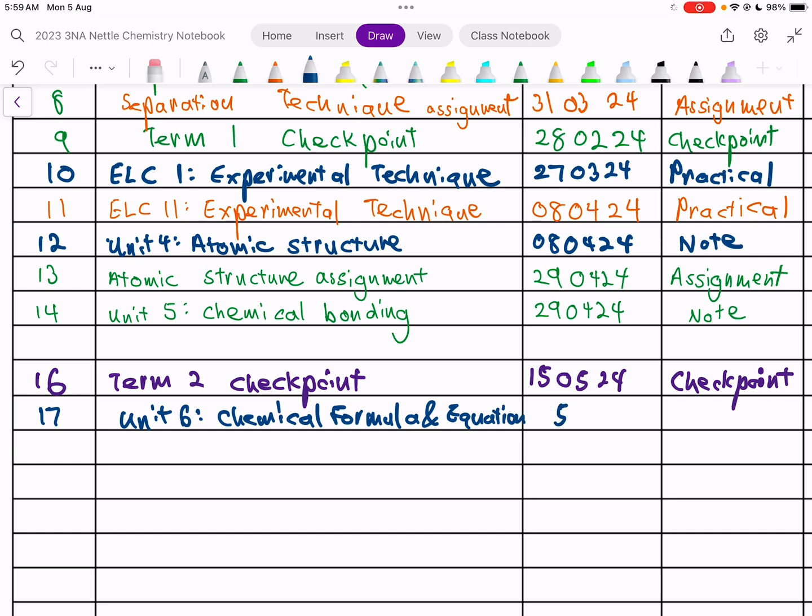Today's date, 5th of August 24. Notes. And then number 15 is chemical bonding and structure.